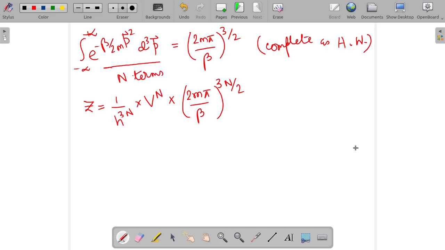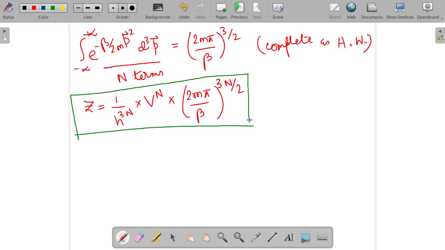So this is a product of n similar terms. So this is our partition function, and once we have obtained this, then we are left with almost very trivial work.